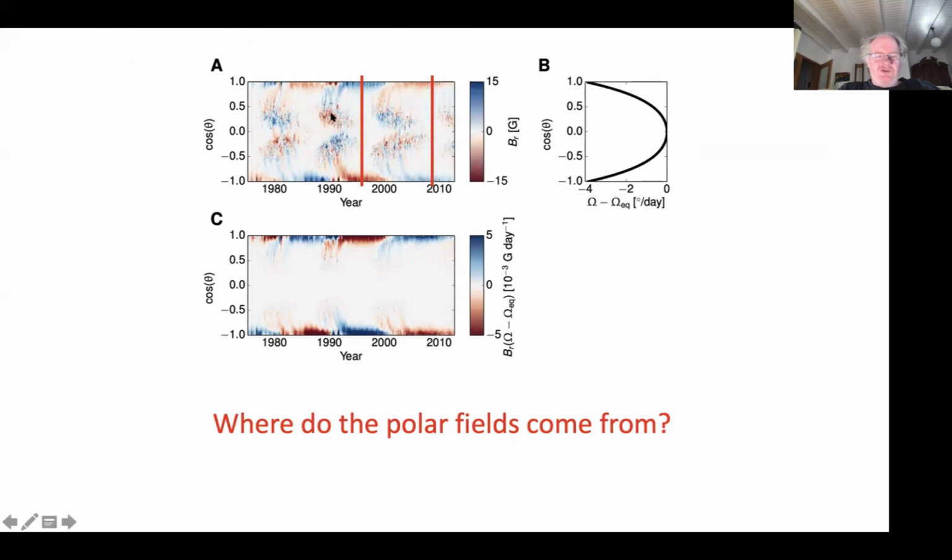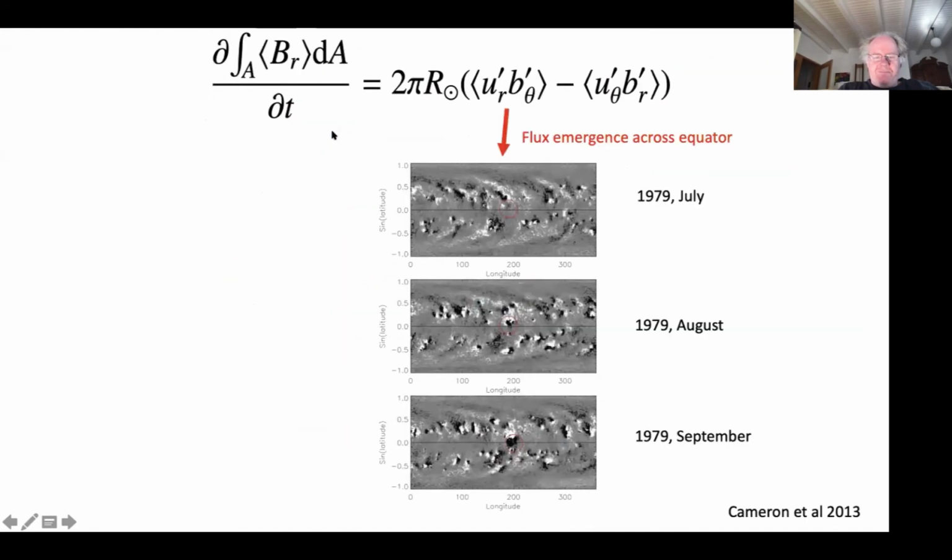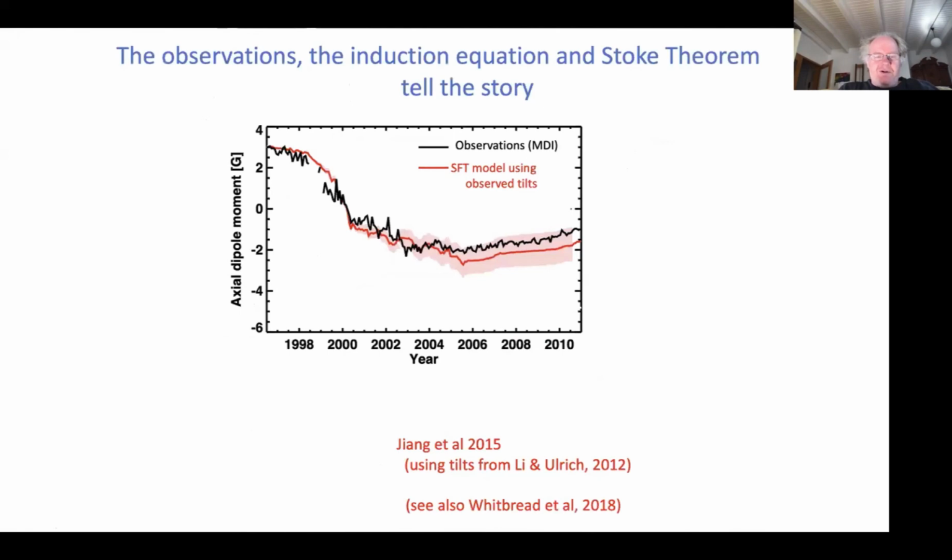coming from the Joyce law and the turbulent diffusion, but there's also a strong random component because the emergences are affected by convection, and the tilt angle varies very, very strongly.